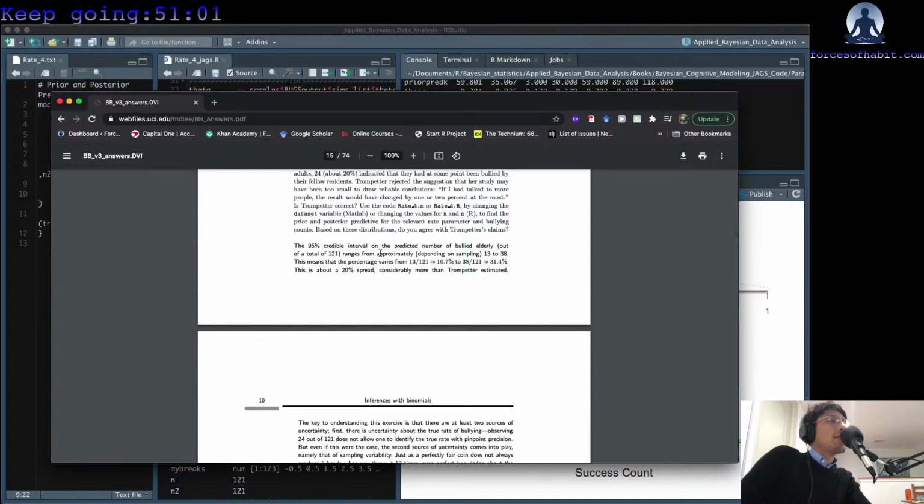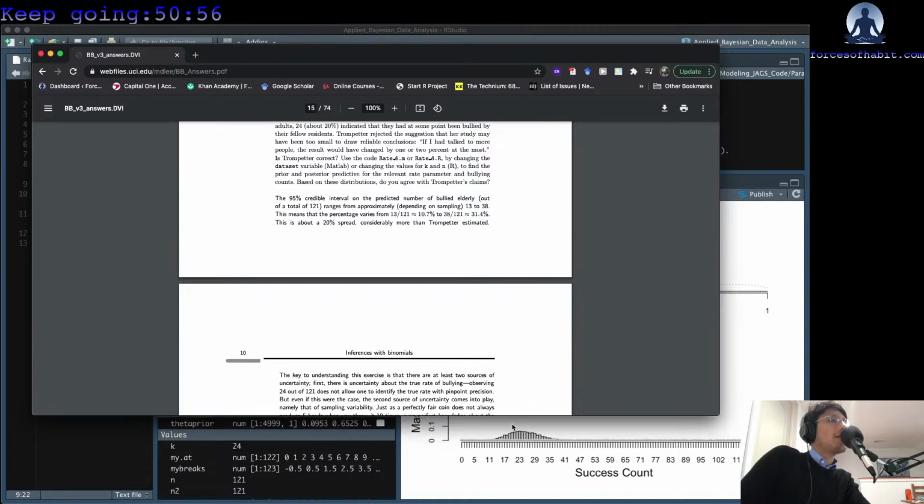You can look at the 95% credible interval, and you can see this in the graph too, where we're getting likelihoods of the counts here, the probabilities of each of these counts, so how many successes I would have got. And we have a 10% proportion, so out of 121 samples, 10 to 31, so that's a pretty widespread. Or as they say, this is about a 20% spread, considerably more than what they estimated. Right? They said no more than 1 to 2% in the question.